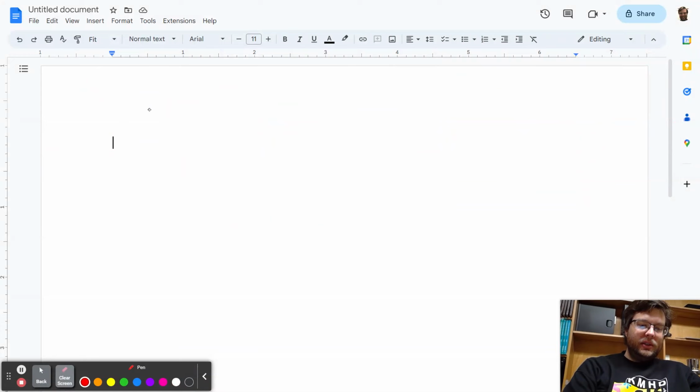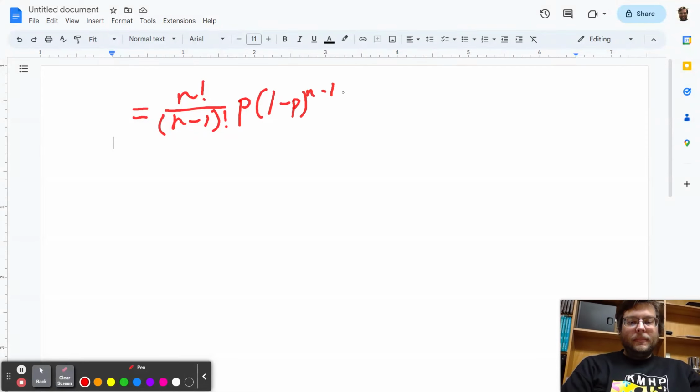Okay, I accidentally cleared the screen, so we'll fix it. So equals. This is my n choose 1. And then I have p to the 1, 1 minus p to the n minus 1. Then I have 2 times n choose 2.